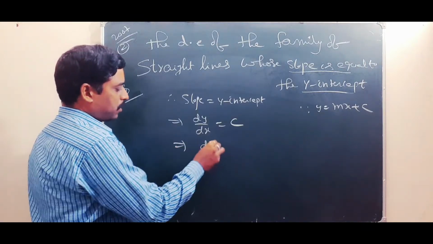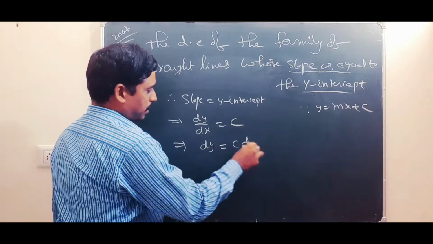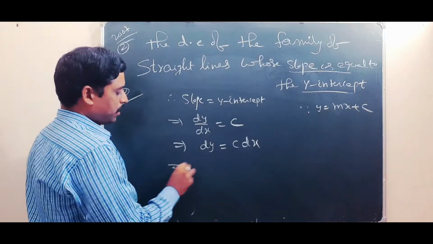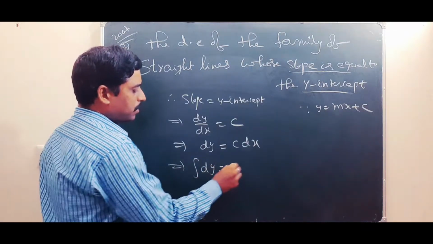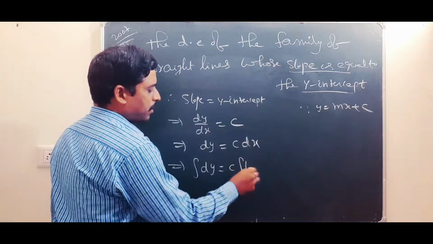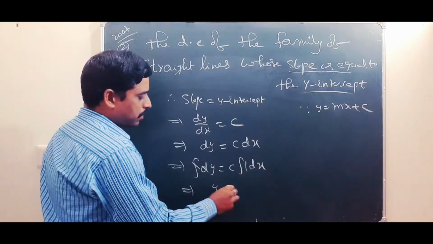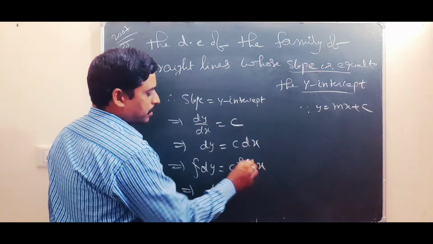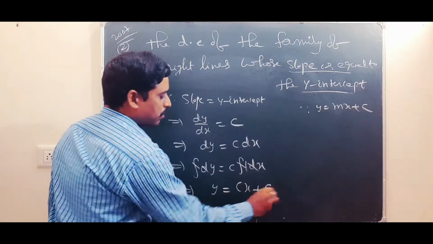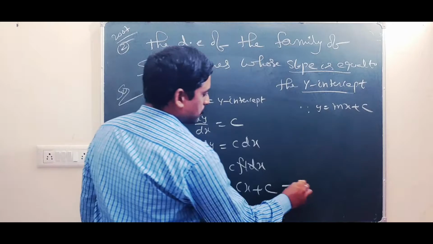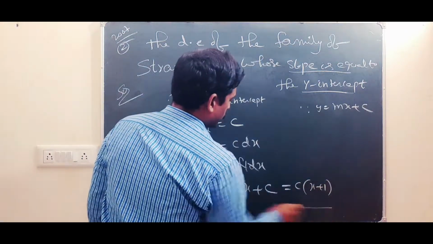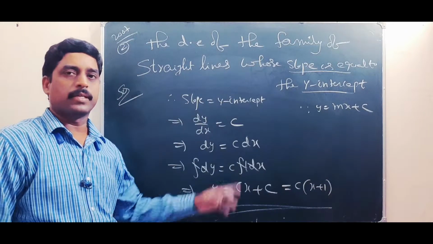Let us do cross multiplication: dy is equal to c dx. Now taking integration on both sides: integral dy is equal to c constant integral 1 dx. Therefore y is equal to cx plus constant. So what is the answer? y is equal to c into (x plus 1). This is the answer.